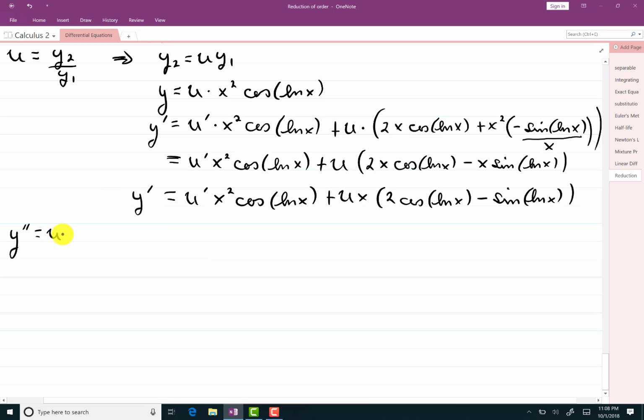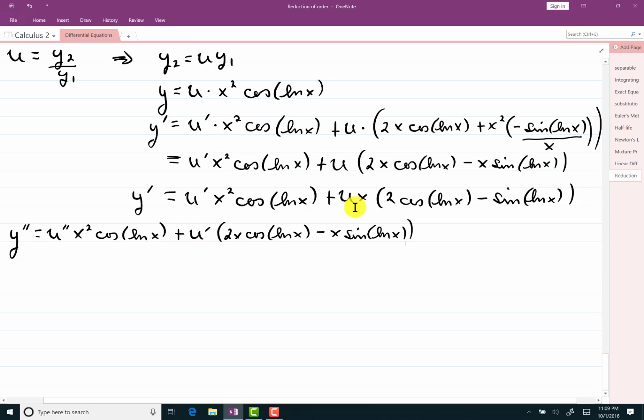I'll get u double prime x squared cosine of ln of x, but then I'll get u prime times, now just like before, I have taken the derivative of x squared cosine of ln of x, and I got what's in these parentheses there, so I'm going to copy that. 2x cosine of ln of x minus x sine of ln of x. So that takes care of just this piece here.